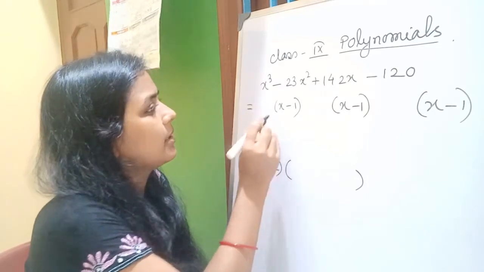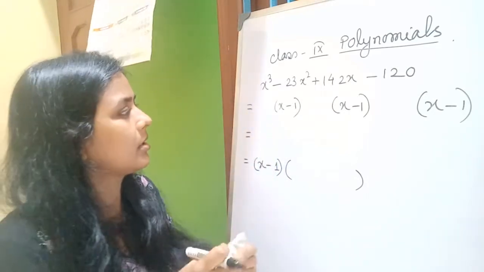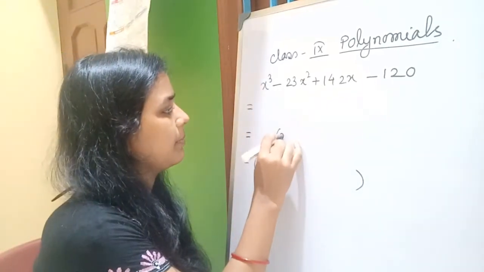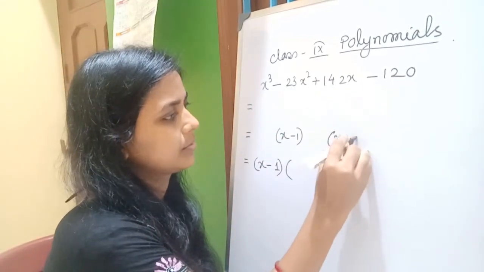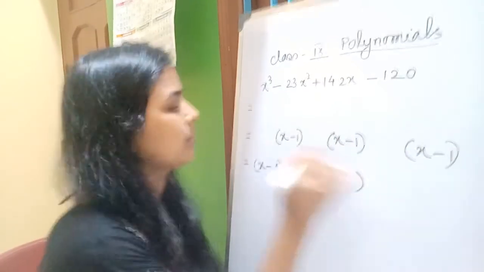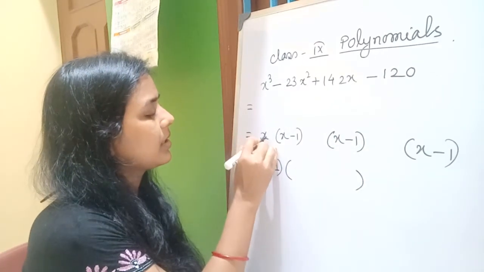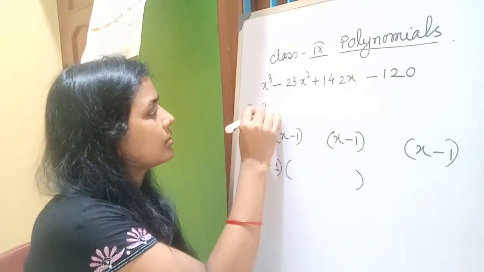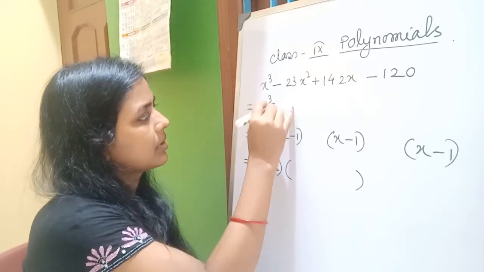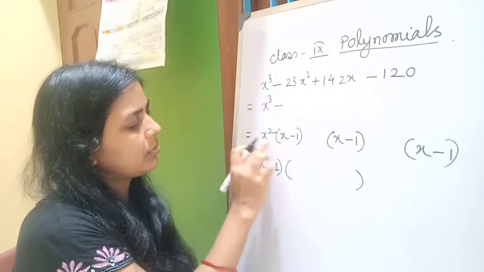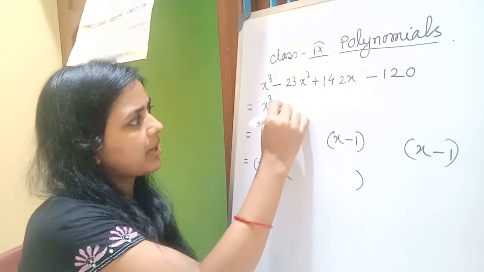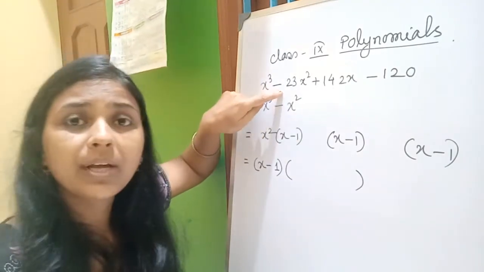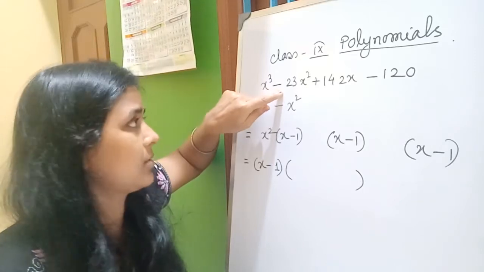Let me write this one in the third line. It will be better for you. Look, I am writing x square here, then I am getting x cube, right? So x cube minus x square. But what we need to get is minus 23x square.